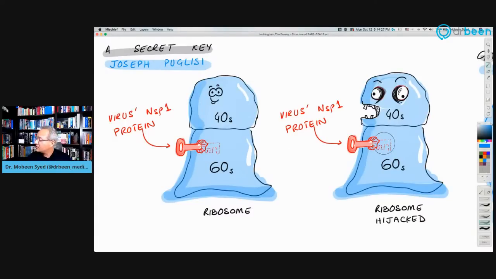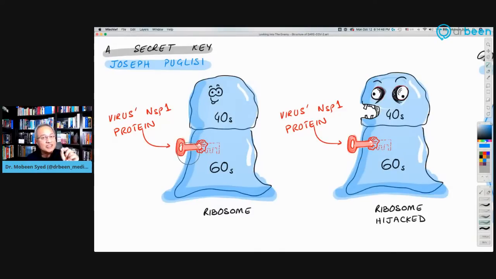And that converts our ribosome into a zombie ribosome. And our ribosome says, fine, I am at your service. I will now make more RNA proteins, virus proteins. So the virus itself hijacks our ribosome, or turns it into a zombie, by a secret key it carries.